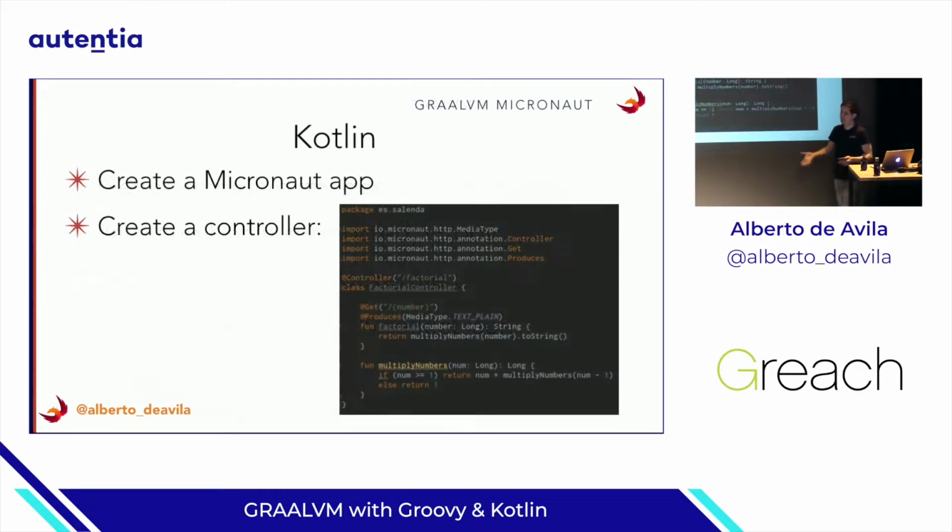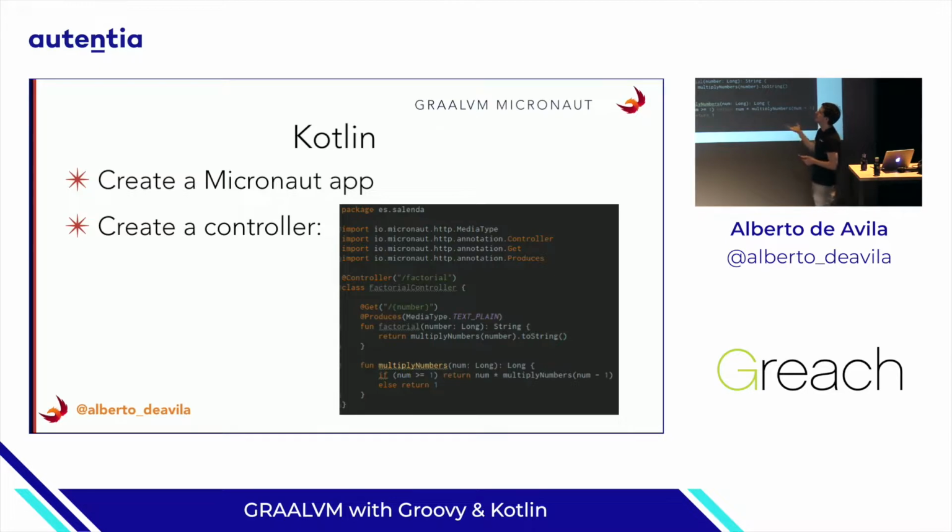Let's see a real example. First of all, you have to create the Micronaut application, specifying two things, the two profiles, the native image profile and the Kotlin profile in this case.